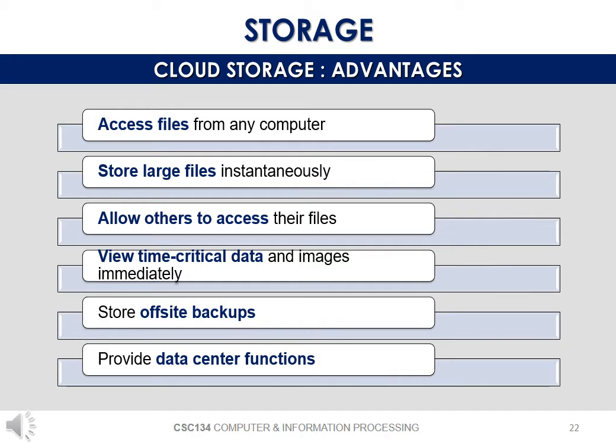The advantages of cloud storage are: access files from any computer, store large files instantaneously, allow others to access their files, view time-critical data and images immediately, store offsite backups, and provide data center function.